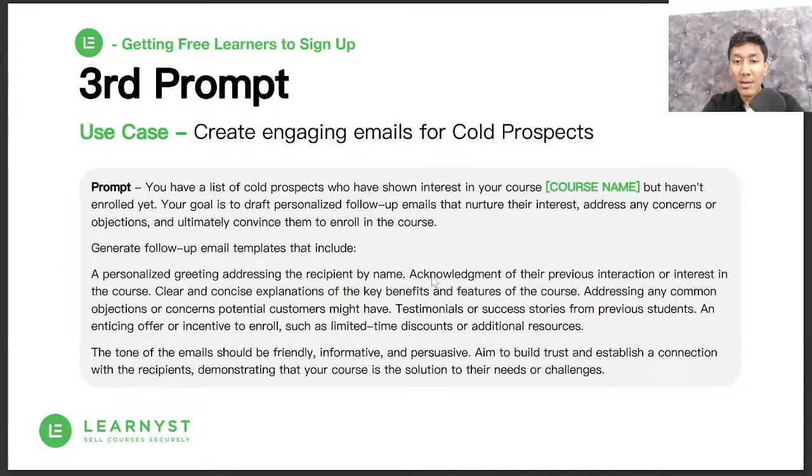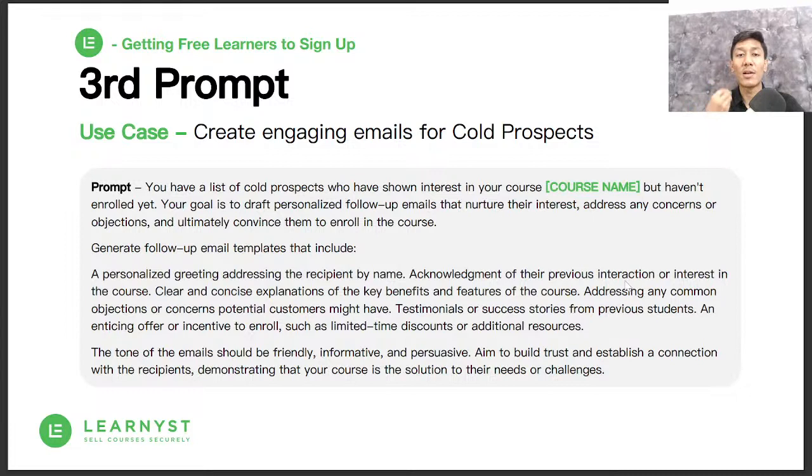So what I mean by acknowledgement of their previous interaction, for example, if you have a list of around 100 or 200 learners who have been interested in your, let's say you are a fitness coach and you have a lot of courses, like a course on starting a keto diet, and a course on how you can start your calisthenics journey. So you have 5-6 courses like that, right? But you have a list of people who are actually interested in the keto diet.